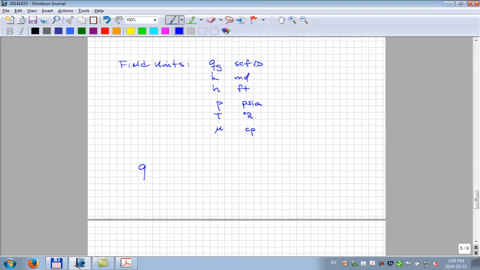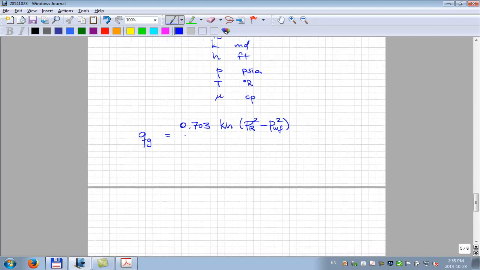The equation is 0.703 kH (PR squared minus PWF squared). This is the low pressure equation, divided by reservoir temperature in Rankine, mu in centipoise, and this doesn't have any units.